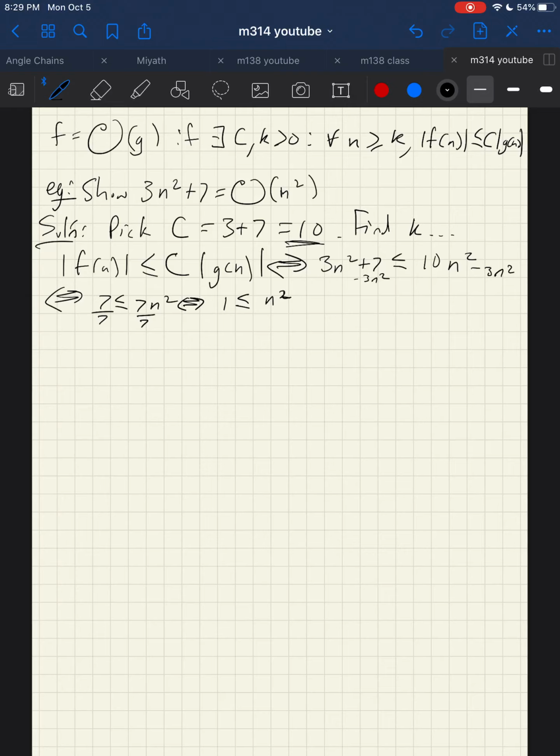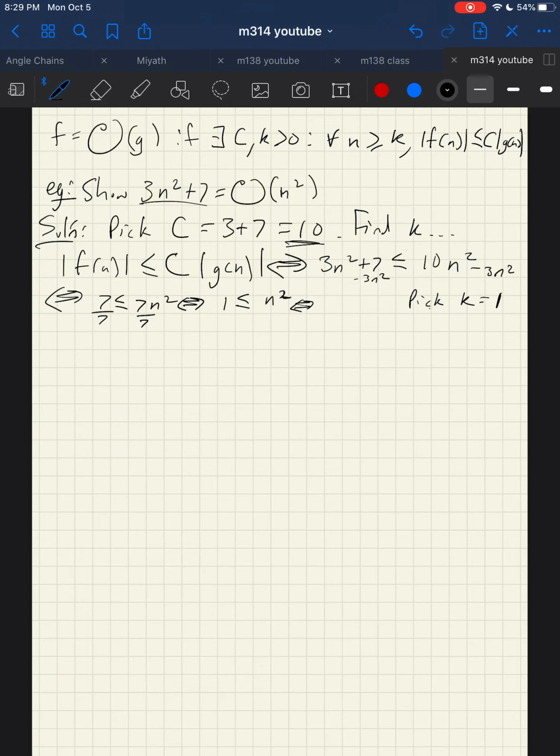And if 1 is less than or equal to n squared, then these things are just going to keep holding for any bigger values. Then I can safely pick k equal to 1. I kind of skipped a step here.